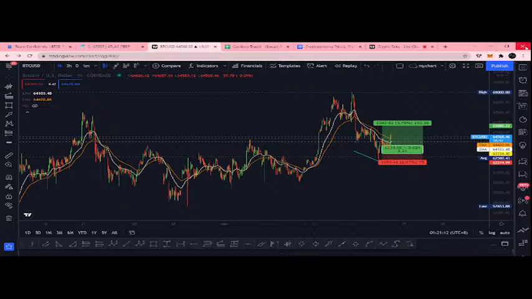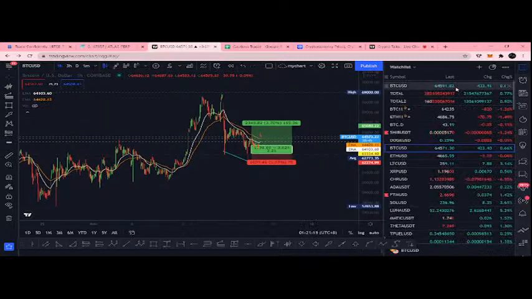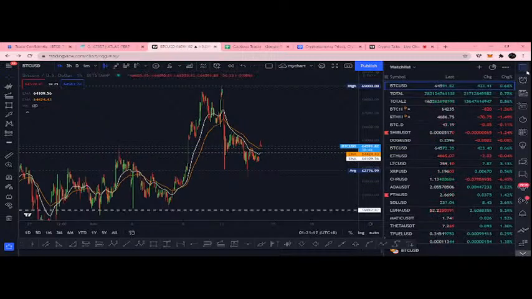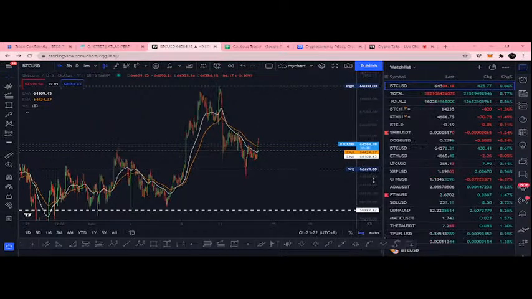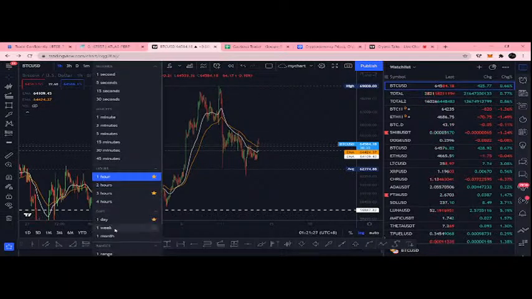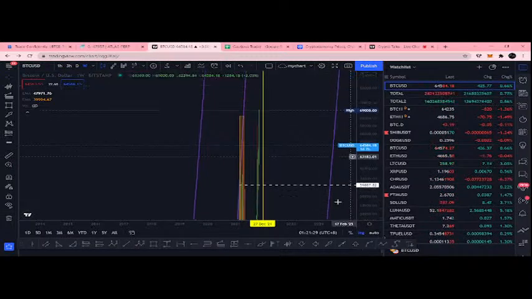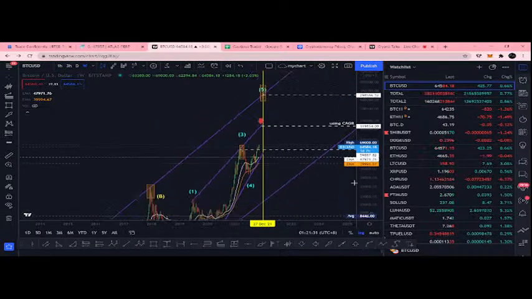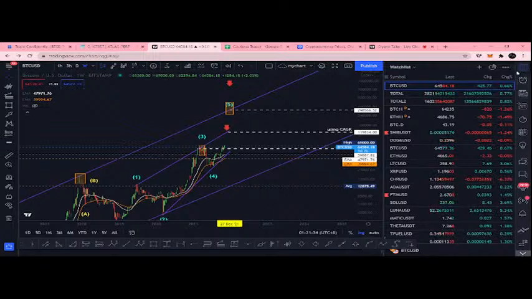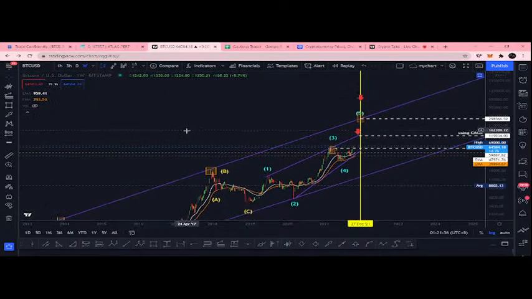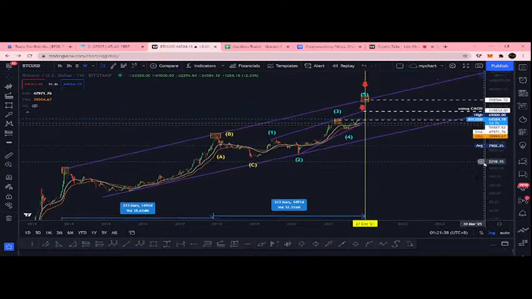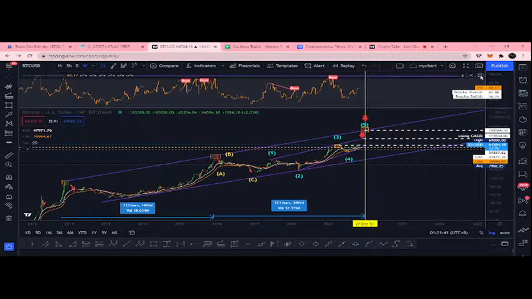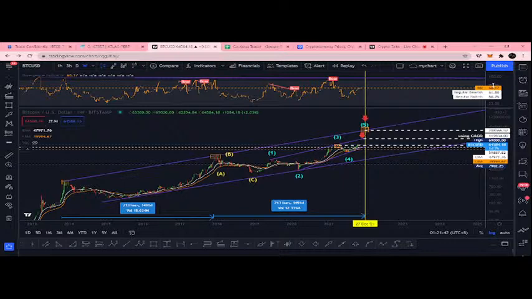I'm still maintaining my long term, or my year end target, at hyper bullish 300,000, conservative target at more than 100,000, which is that CAGR growth, CAGR of $119,000.